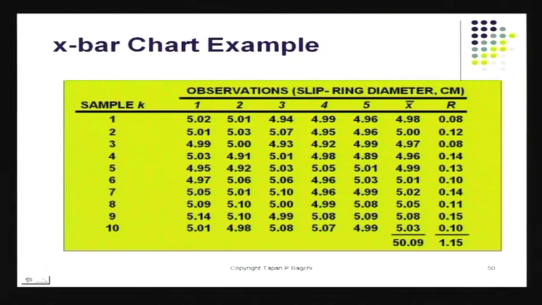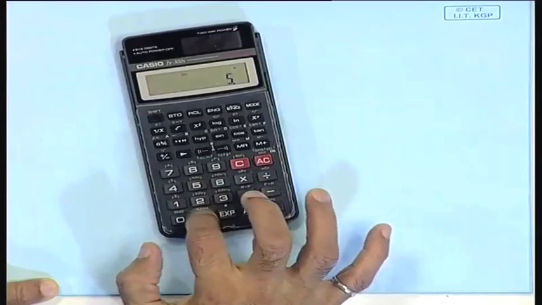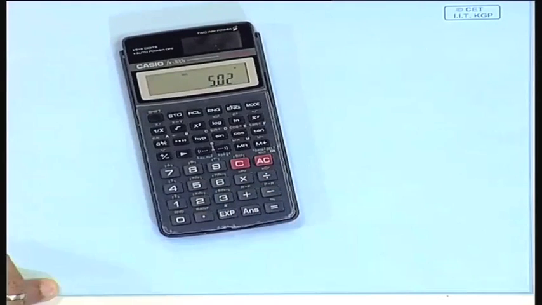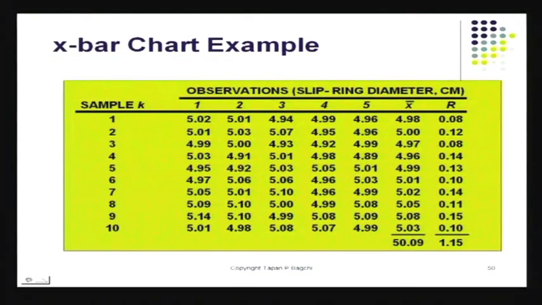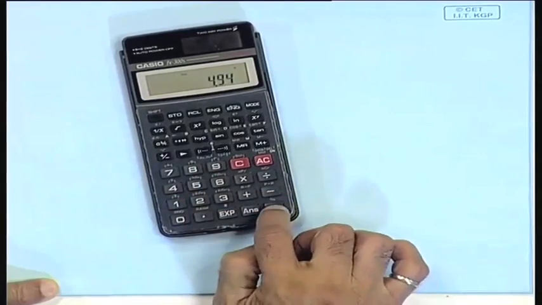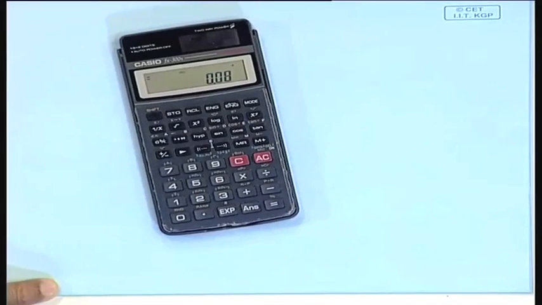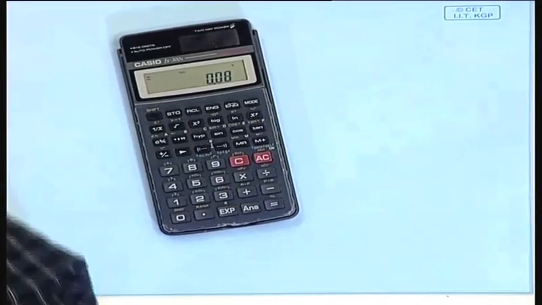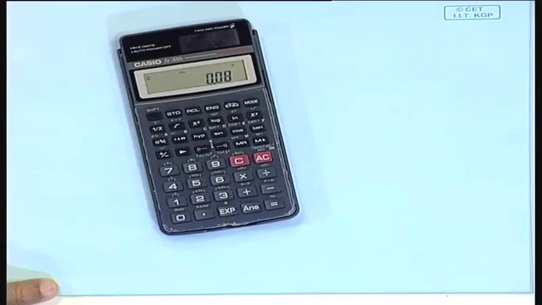So this one is maximum, 5.02. Now, what is the min X value? It's 4.94. So I do minus 4.94, equals, and I get 0.08. That is the value of R.